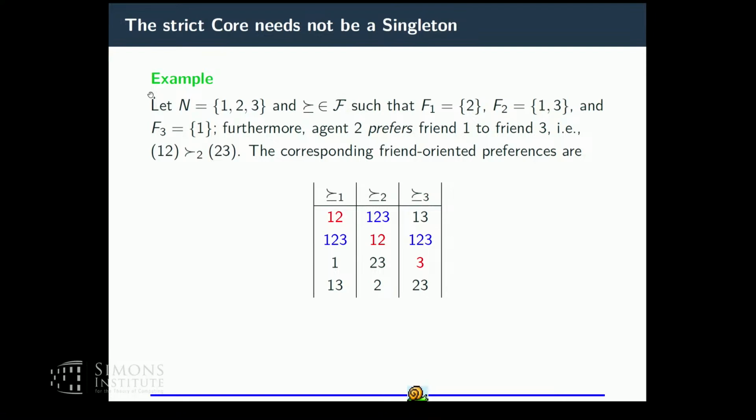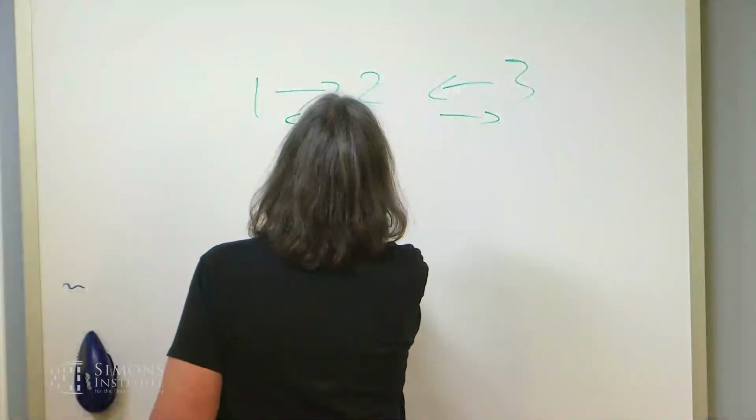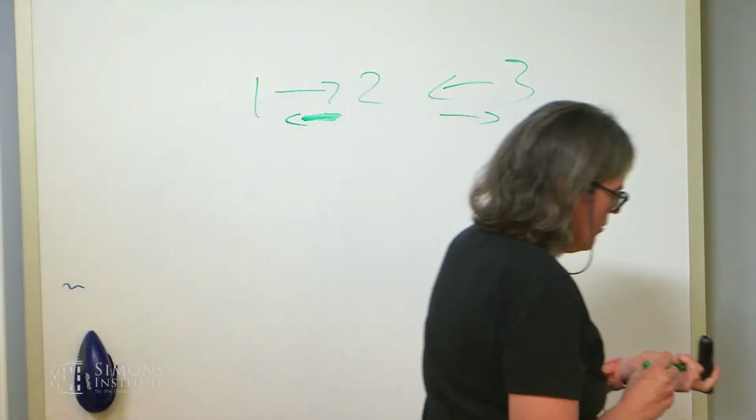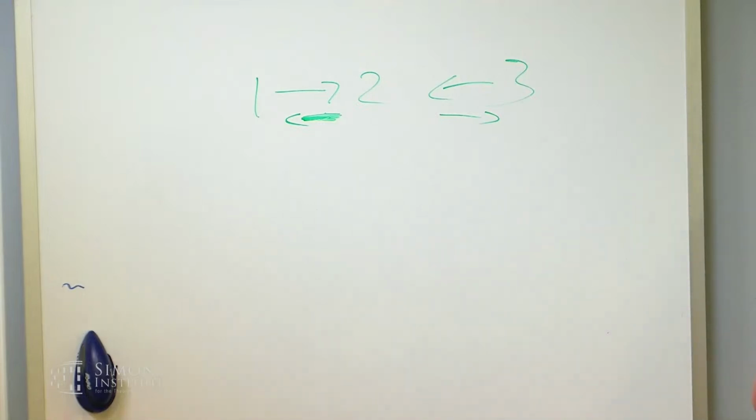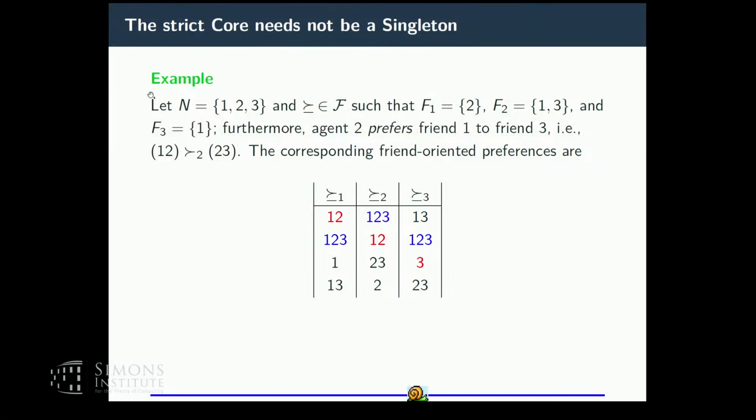It's again similar to this, but now agent 2 prefers friend 1. So this here is a better friend than friend 3. So now your preferences look like this. And now what you can see is that the grand coalition, again, is a strict core allocation, but so is coalition 1, 2, and 3 alone.